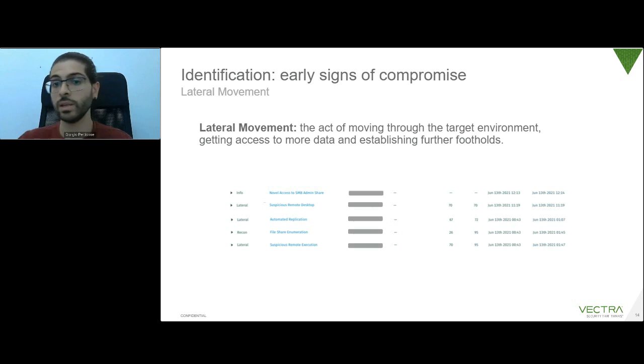Again, you can see not a single detection, but 3-4 different detections, all of which are suggesting this user on this host is trying to move laterally to other hosts. And again, these are all correlated by timestamps, and I can compare this to the normal behavior of the host, to the normal behavior of my user that I should know about.